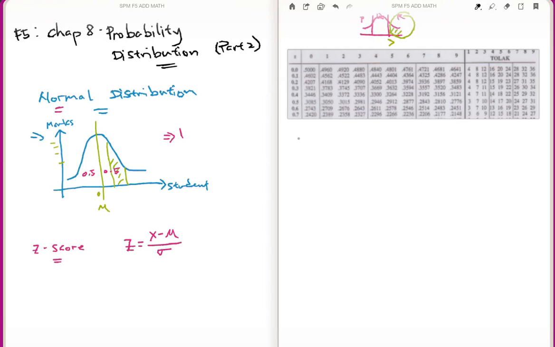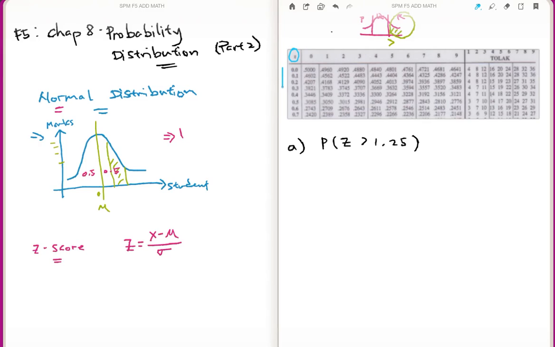So for any continuous normal distribution, there are a few cases that you need to know. First of all, the possibility of Z-score more than 1.25. So obviously it's not in my list. The rule of thumb is you look at what you have here, Z-score.